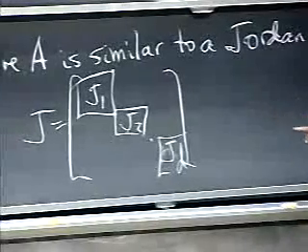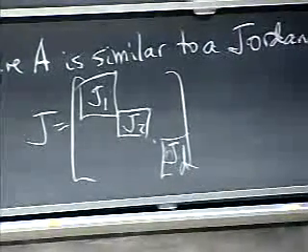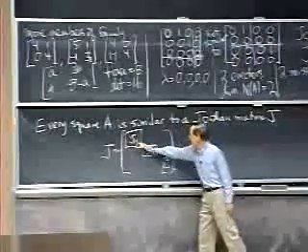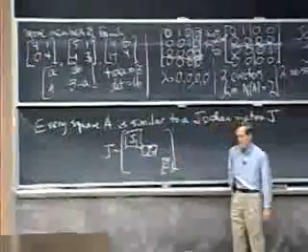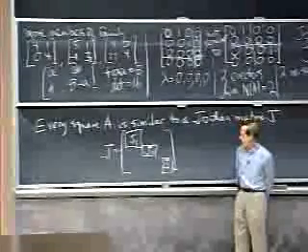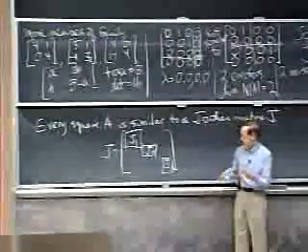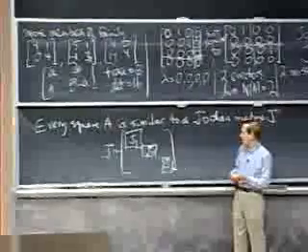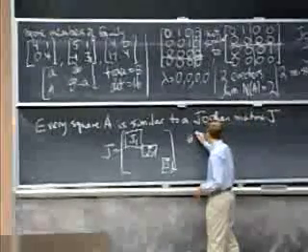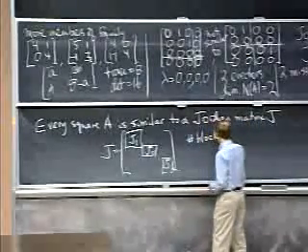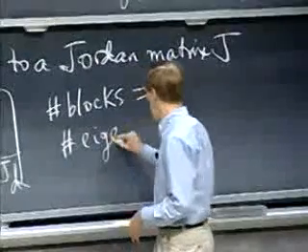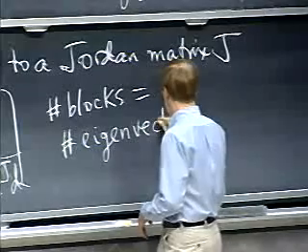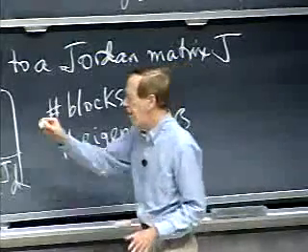And those Jordan blocks look like that. So the eigenvalues are sitting on the diagonal, but we've got some of these 1s above the diagonal. The number of blocks is the number of eigenvectors, because we get 1 eigenvector per block.